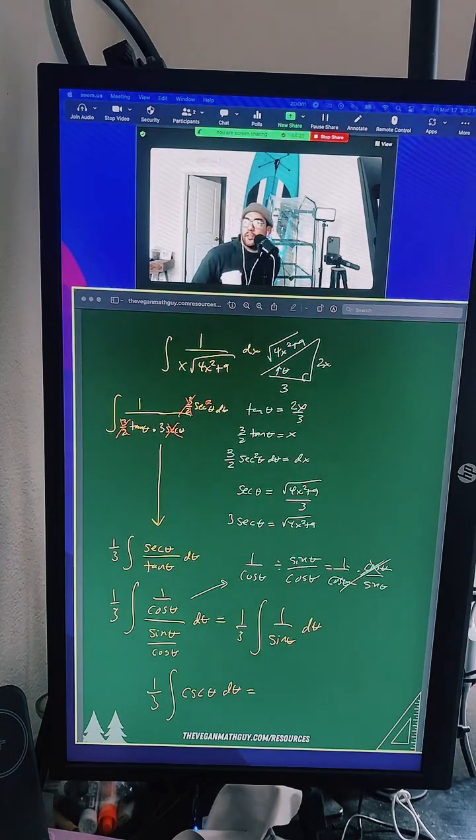But who can tell me what this integral is? The integral of cosecant theta.